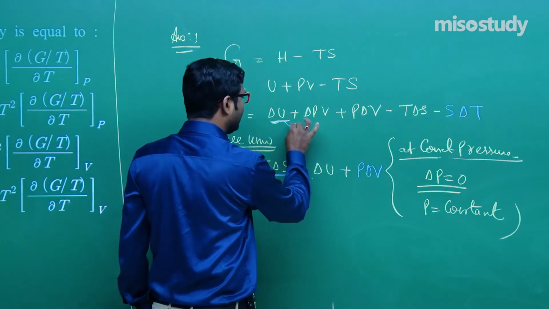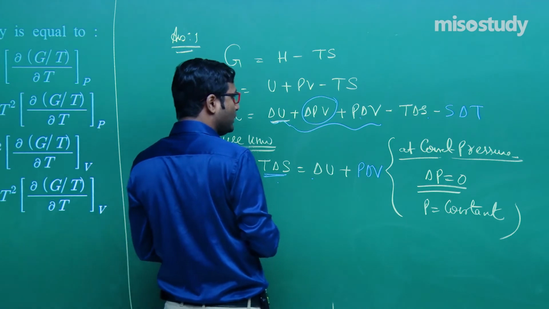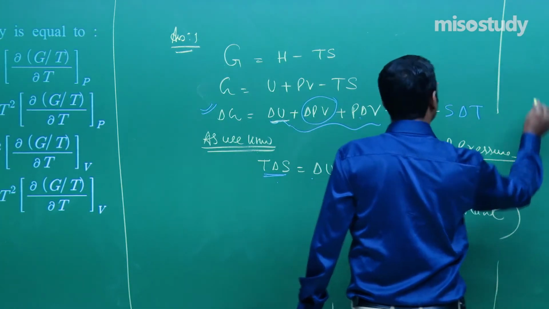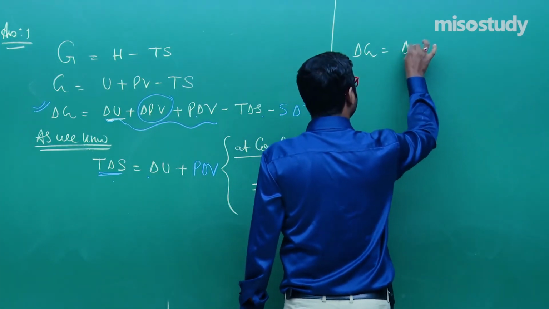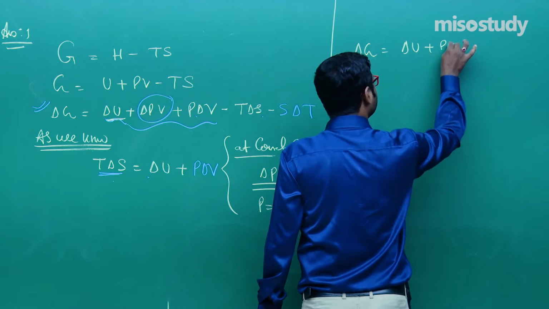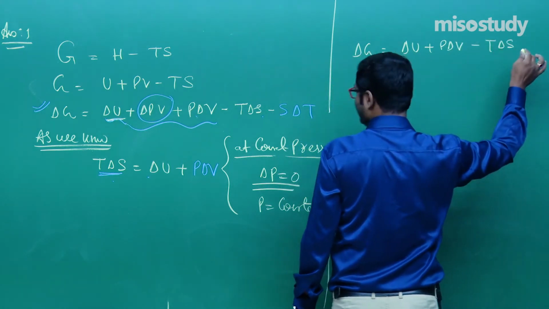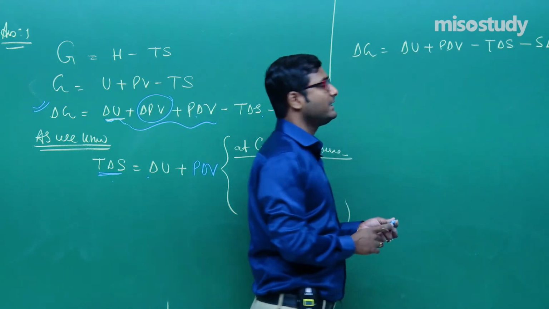In place of delta U plus P delta V, this will be equal to 0. So delta G is equal to delta U plus P delta V minus T delta S and minus S delta T. Clear to you?